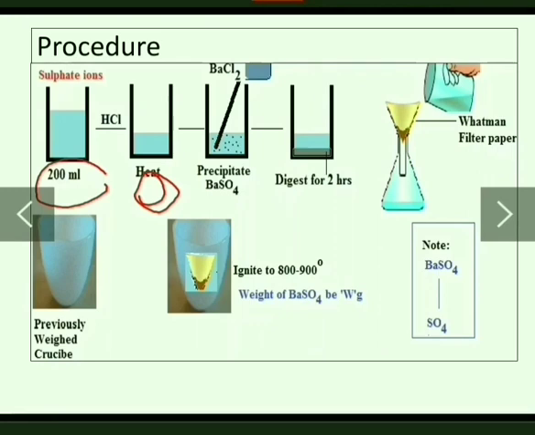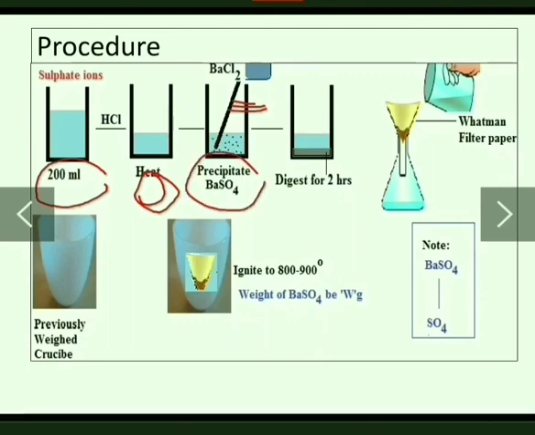That's approximately, if you take 200 ml, it has to reduce to 100 ml. Then to this add barium chloride with constant stirring. This is a glass rod. So sulfate ion in the water sample gets precipitated as barium sulfate.